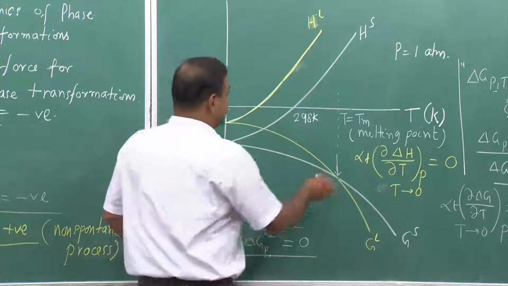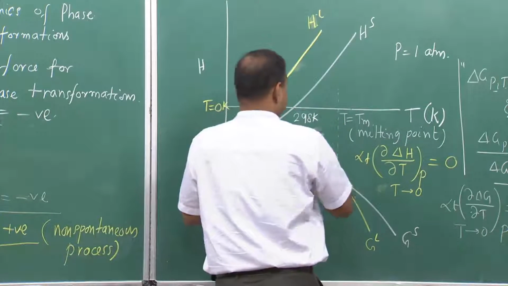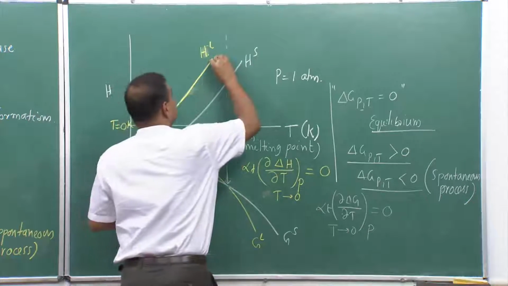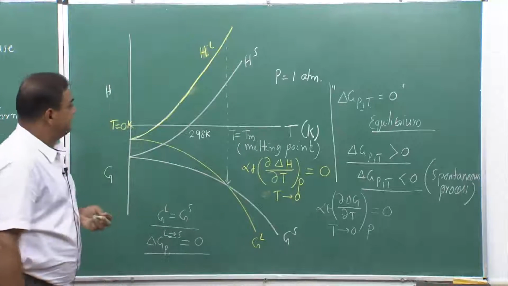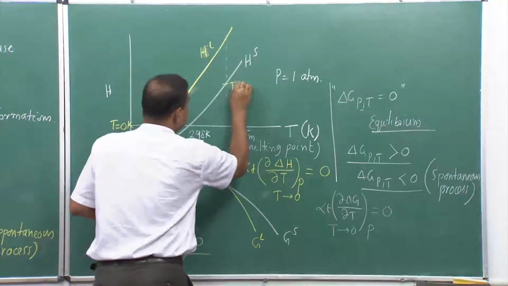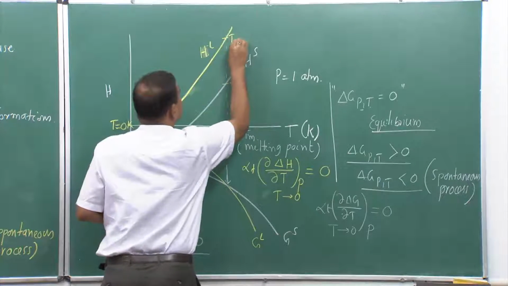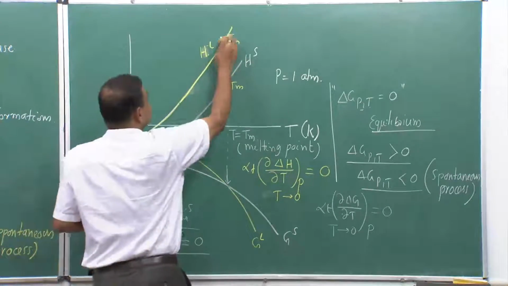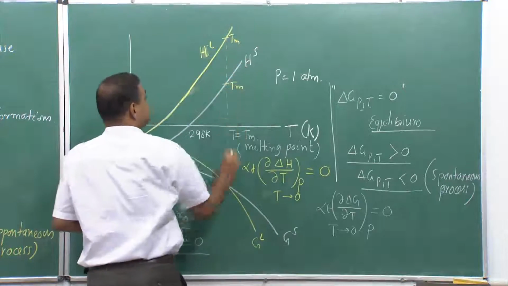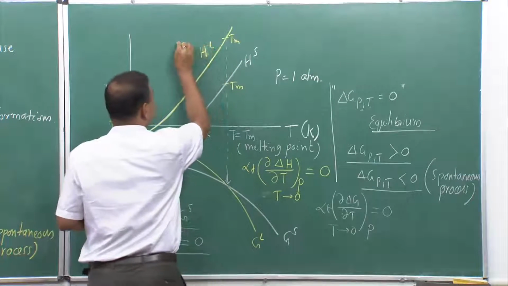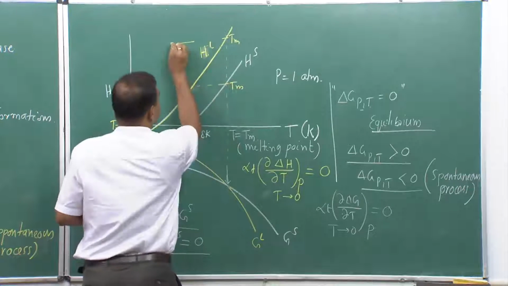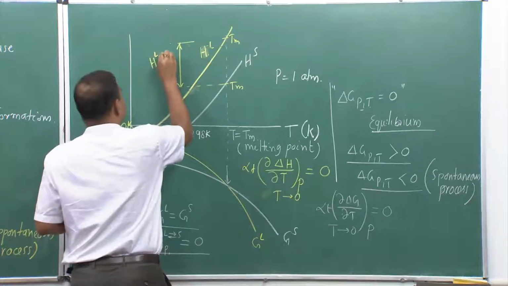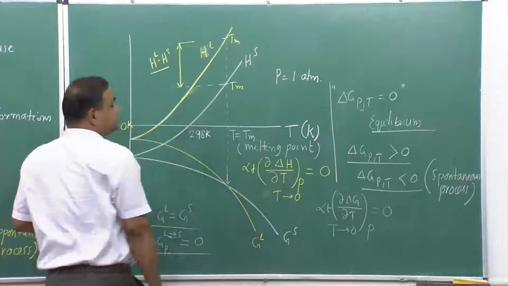Now, if we extend it, this is also Tm, this is also Tm, because at the same temperature, and this is my HL, this is HS. Now, at this temperature, the difference is HL minus HS.